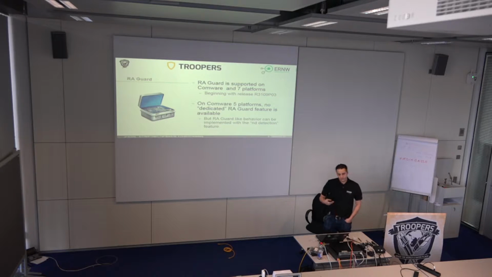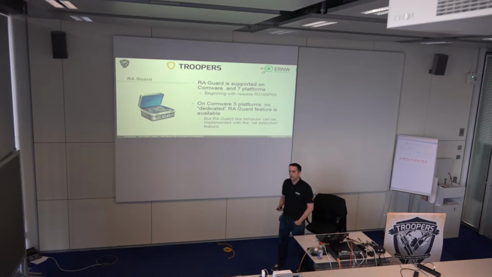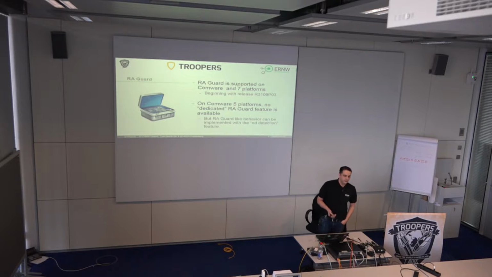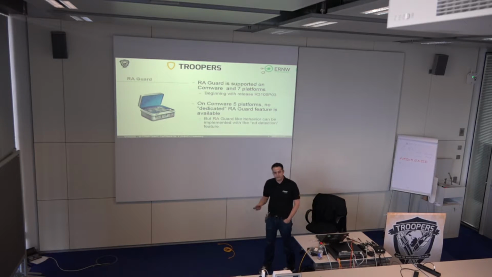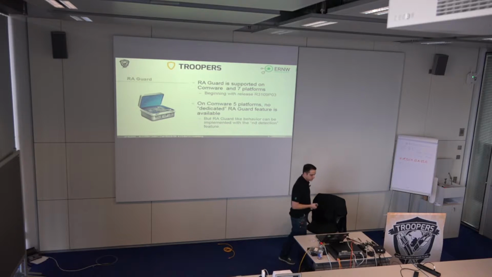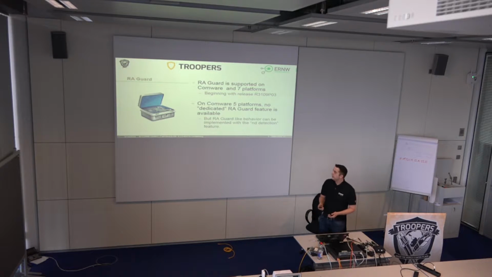As the name implies, it's a security mechanism for all neighbor discovery related packets, neighbor advertisement, neighbor solicitation, but also for router advertisements. So on CommWare 5 platforms, you do not have a specific RA guard feature like you're used to in the Cisco world, but you have ND detection.